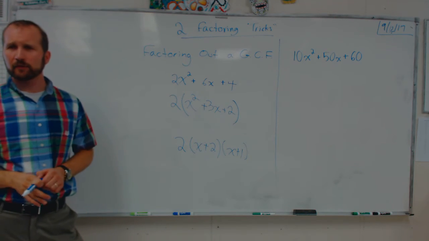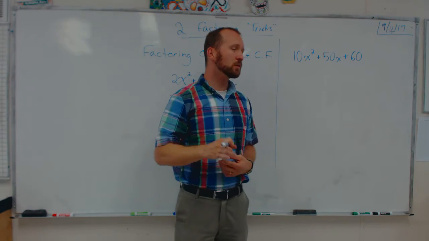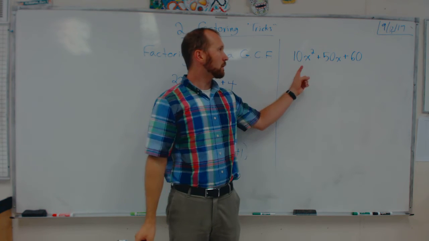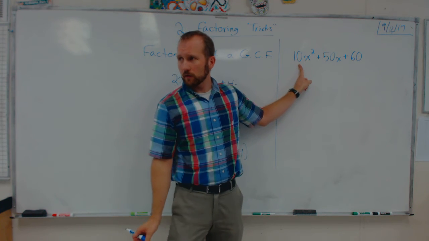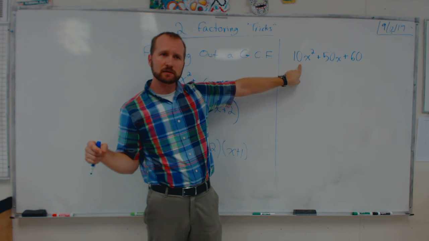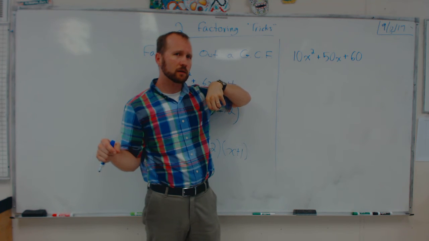Can I factor that in that form? No, I can, but you guys can't. Why? Right now, you guys have to say to yourselves, hey, there's something in front of x squared, so we don't know how to factor it.